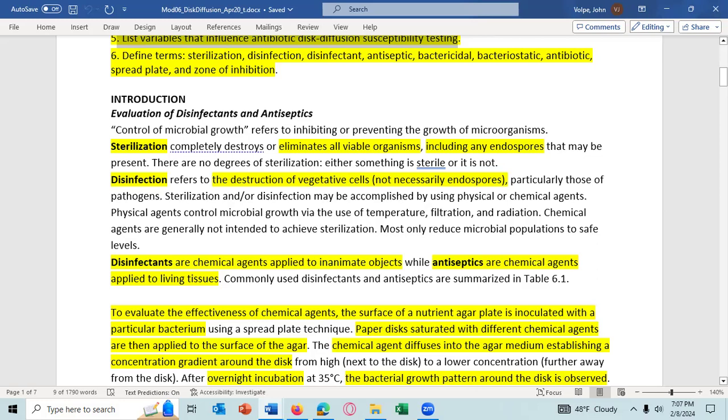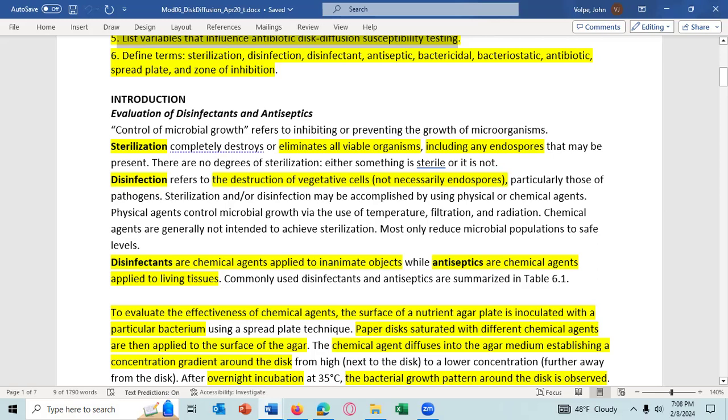All right. To evaluate the effectiveness of chemical agents, the surface of a nutrient agar plate is inoculated with a particular bacterium. Paper discs, saturated with different chemical agents, are then applied to the surface of the agar. The chemical agent will diffuse into the agar, establishing a concentration gradient around the disc.